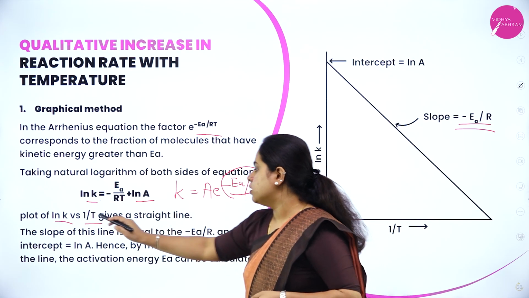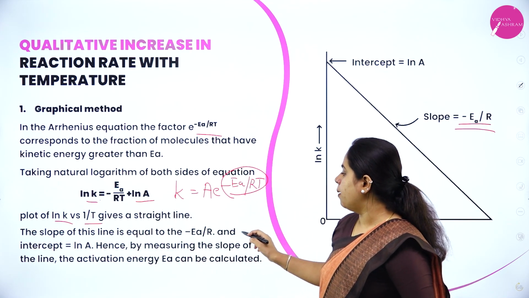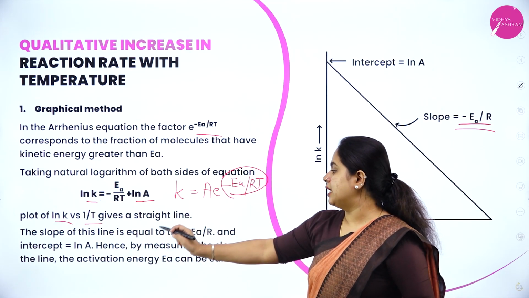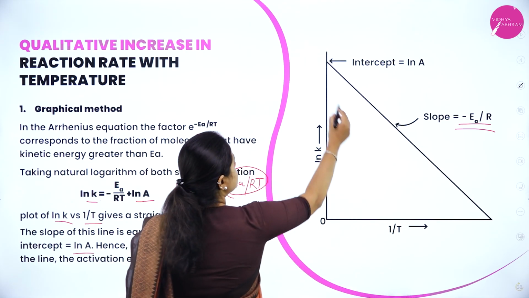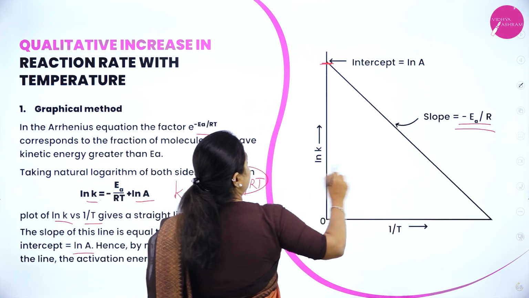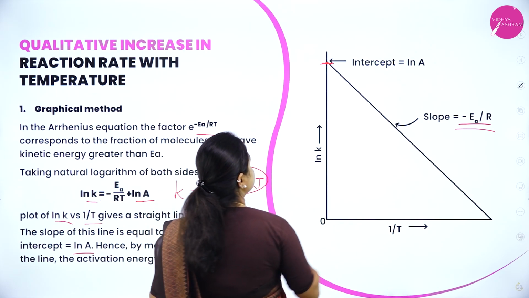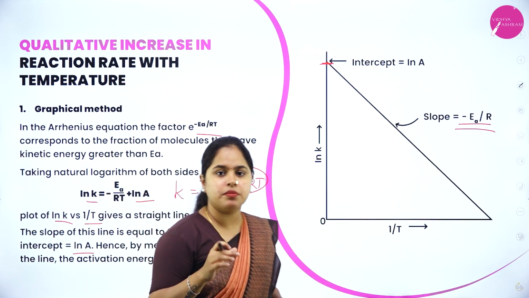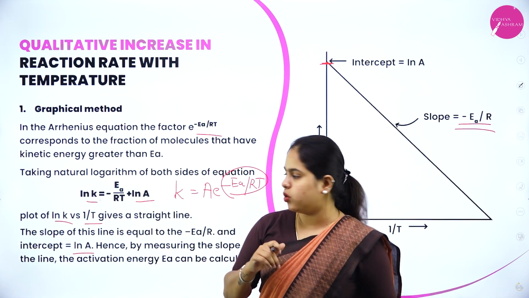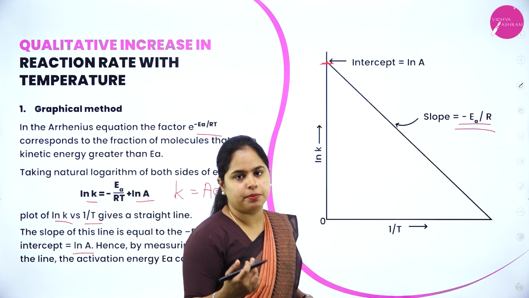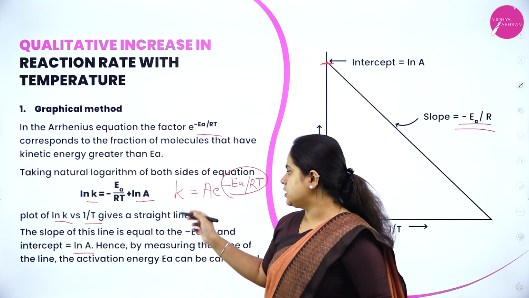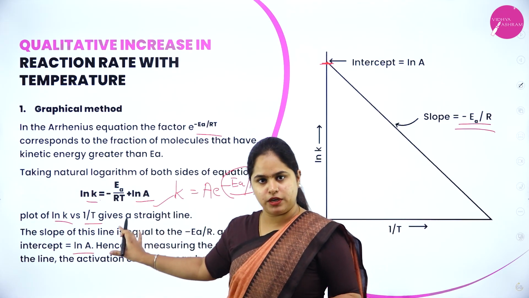The intercept will be ln A, the point where the graph meets the y-axis. Hence, by measuring the slope, the activation energy can be calculated. Once we take the logarithms, we obtain this equation.